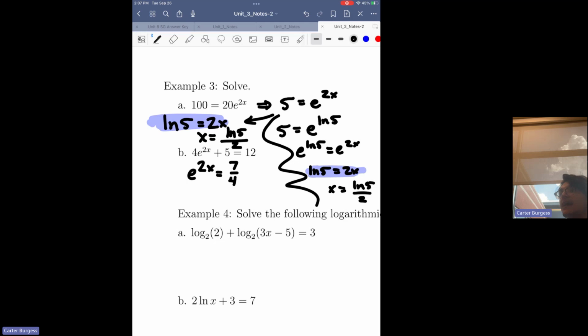Then we could change 7 over 4 to be e to a power, just like what we did yesterday, or we could rewrite this as a logarithm. How do I rewrite this as a logarithm? Very good. And so x is equal to the ln of 7 over 4, all divided by 2.